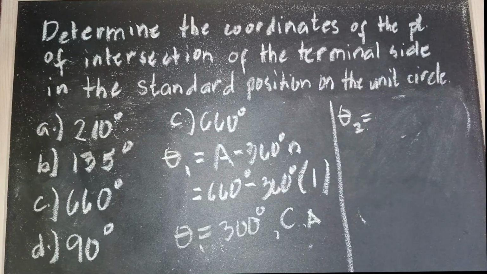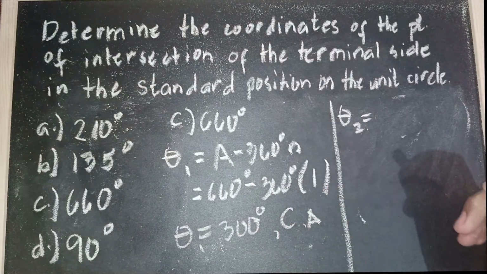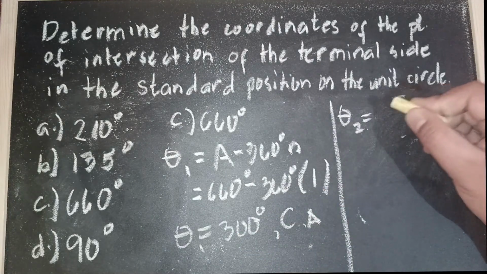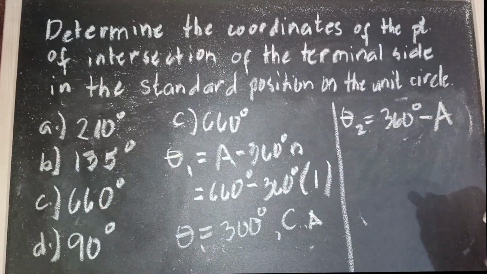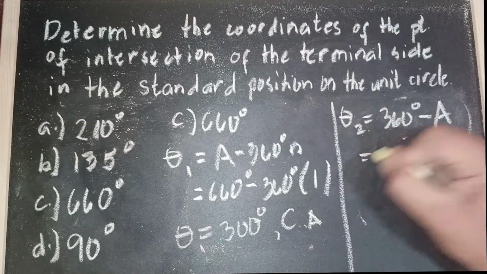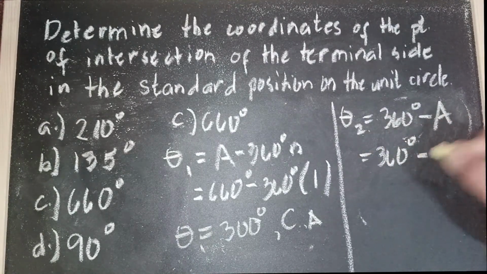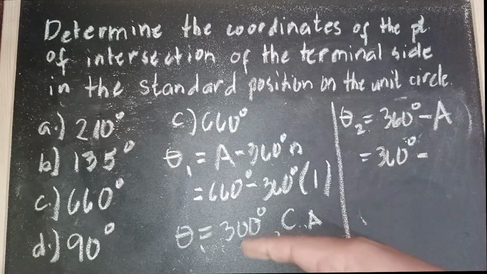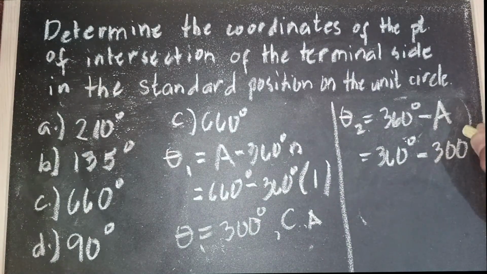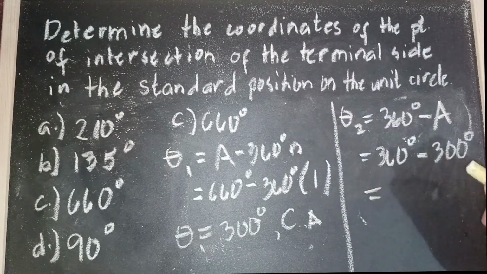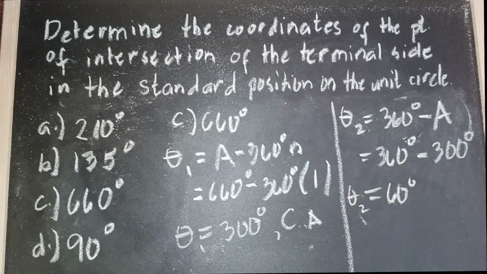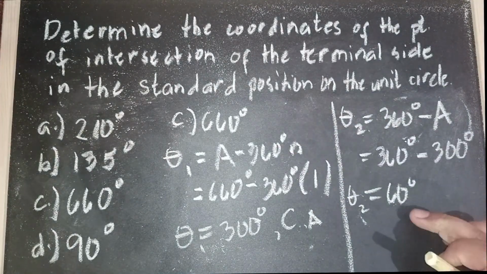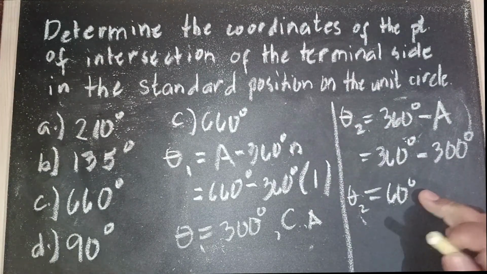Since it is in the fourth quadrant, we use the formula 360 degrees minus A. So we have 360 degrees minus, what is the value of A? The smallest positive coterminal angle of 660 is 300 degrees. So this is equal to 60 degrees. The reference angle of 660 degrees is 60 degrees.